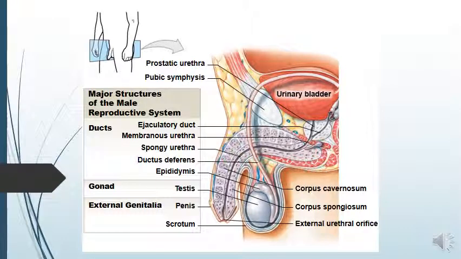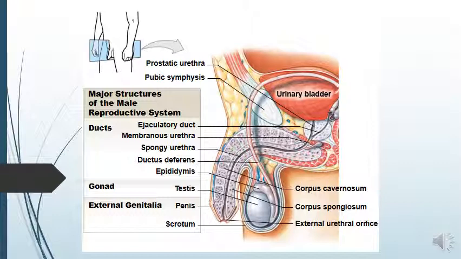This figure is showing the main structures of the male reproductive system. Starting from a testis, the spermatozoa travel within the epididymis, then they go to the ductus deferens, then to the ejaculatory duct, and then the urethra before leaving the body.